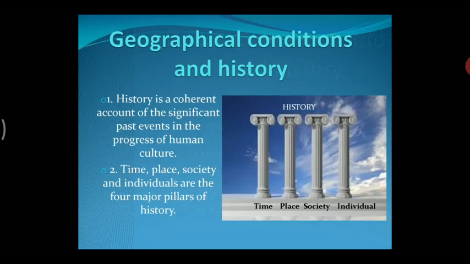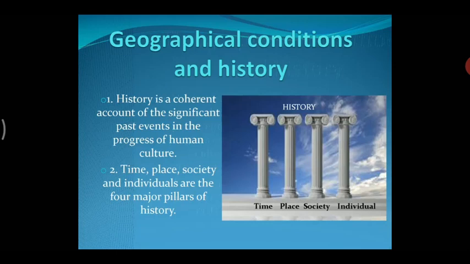As I told you before, history means what has happened or what may have happened in the past. Now, what do you mean by coherent? Coherent means clear ideas, something which is easy to understand, like the significant past events of human culture.